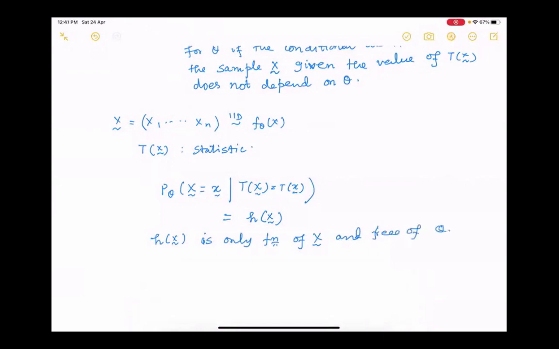If that happens, then T of x tilde is a sufficient statistic. So that is Fisher's definition of sufficient statistic.